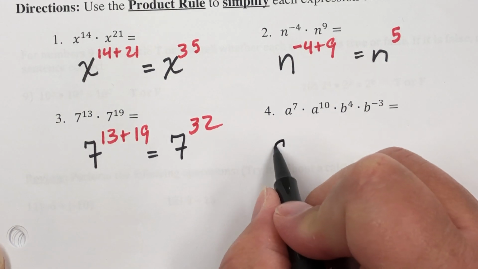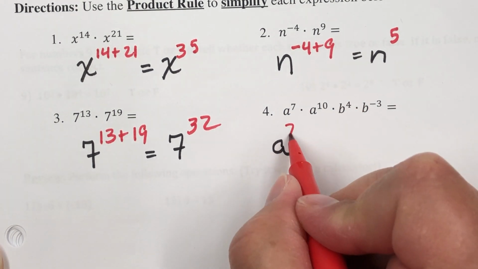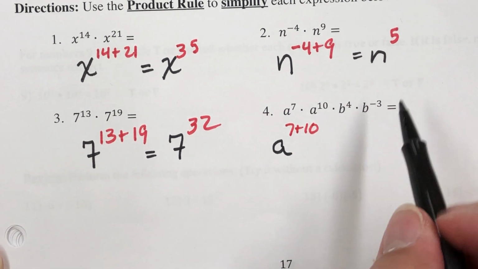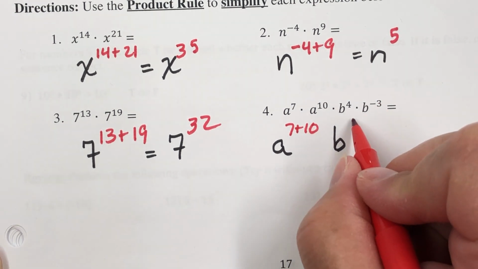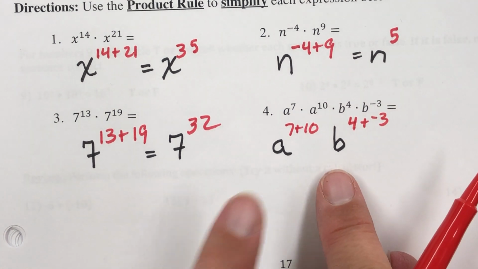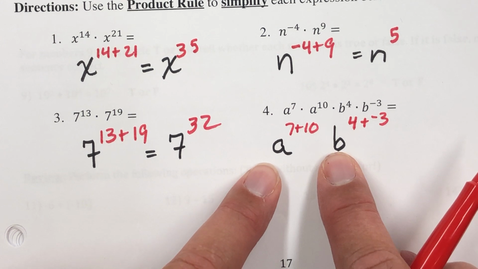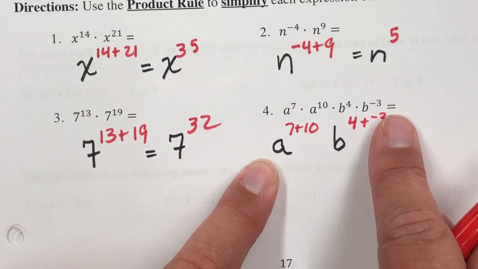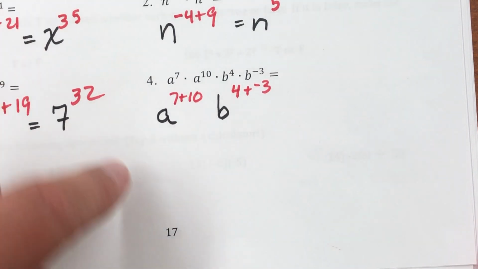Base here is a. I'm adding the exponents, 7 plus 10. But I have a different base. I have base b, and I'm adding those exponents separately, 4 plus -3. You can only combine the exponents when the bases are the same. I have two bases in the same expression, so I gotta be a little careful with that.